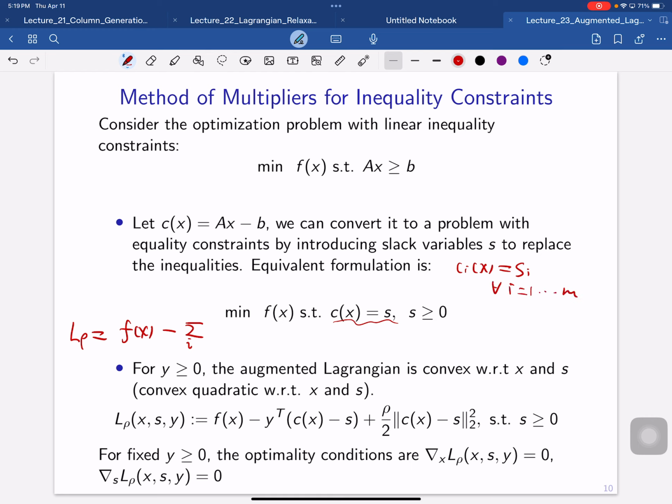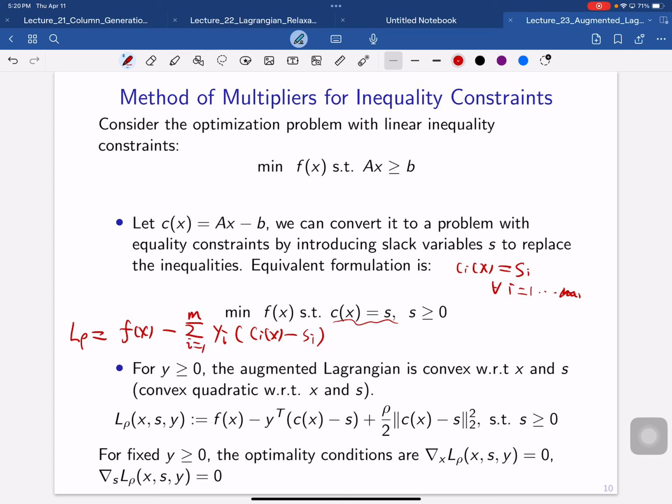So now we are explicitly writing out all the constraints instead of writing the constraint in a matrix form. Then those constraints will be sum over i, yi times ci of x minus si, right? From 1 to m.